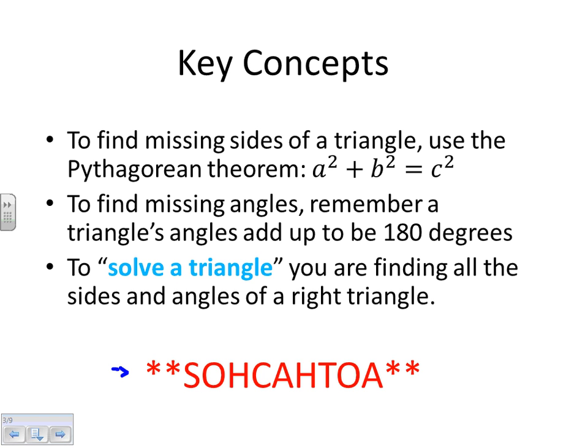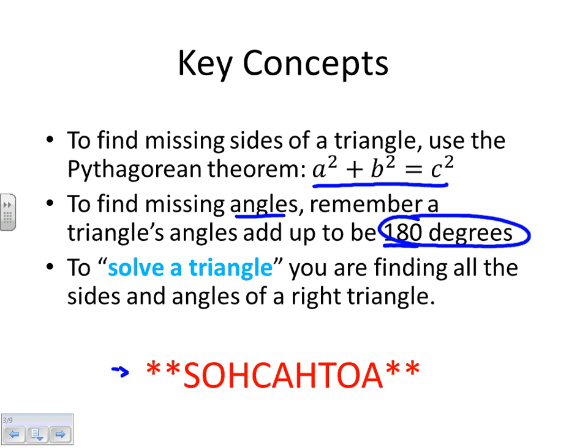We're also going to talk about a missing angle. And remember that triangles add up to 180 degrees. So if we're missing one of the angles, we can find it, and if we're missing one of the sides, we can use Pythagorean's theorem.